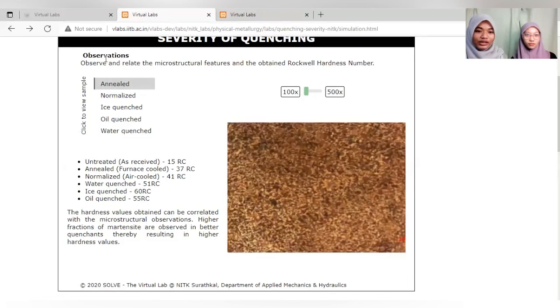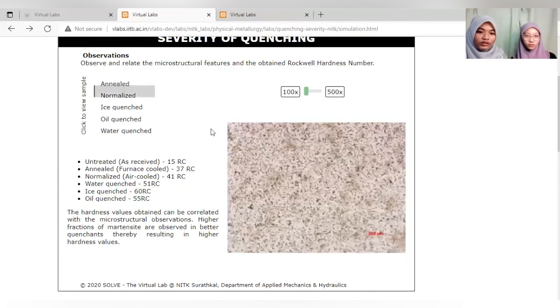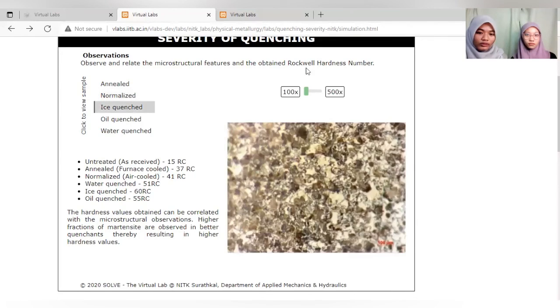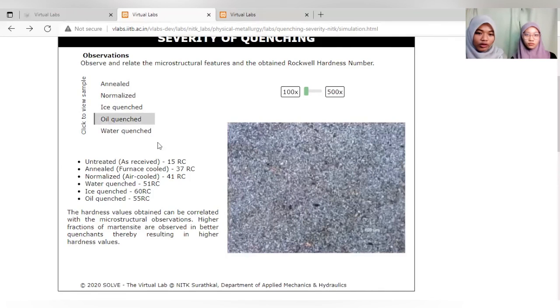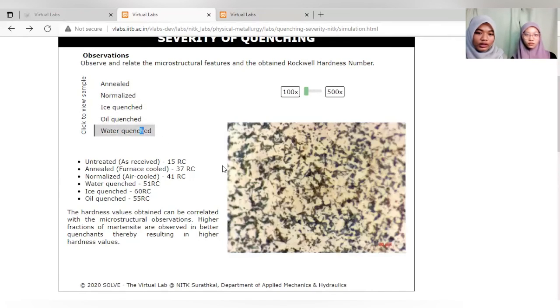Here is the observation. Observe and relate the microstructural features and the obtained Rockwell hardness number. This is the microstructure for the annealed sample. This is for the normalized sample. And this is for the ice quench sample, oil quench sample, and this is for the water quench sample.